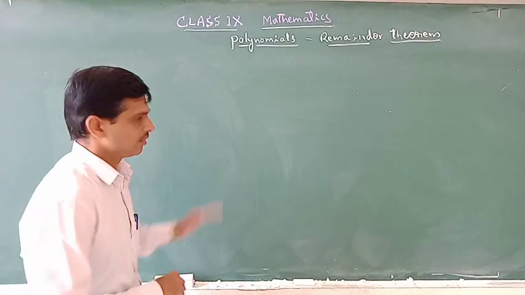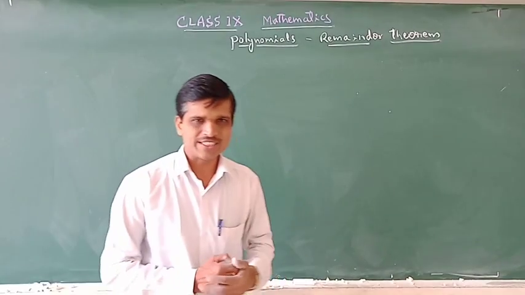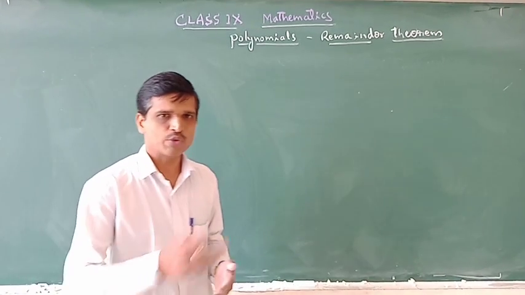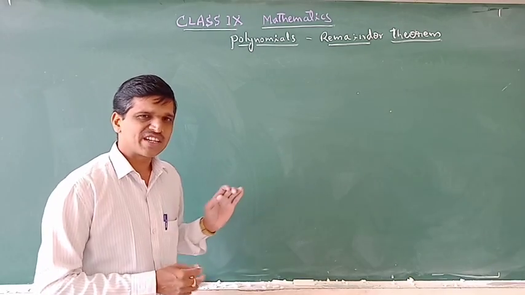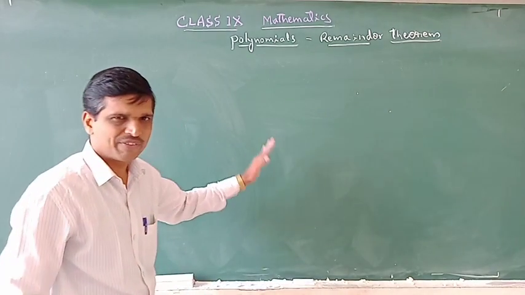Now consider, based upon these 2 examples along with the steps you just observed, let us see the general form. So what are these p of x, g of x, q of x?